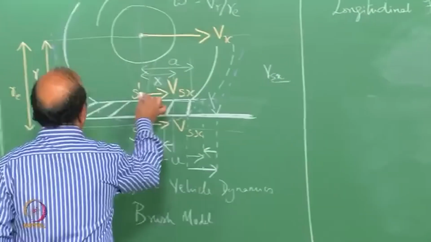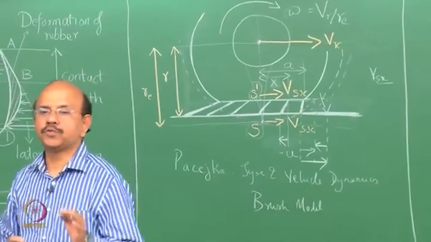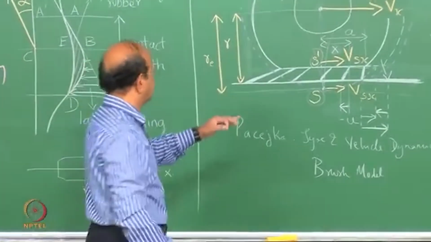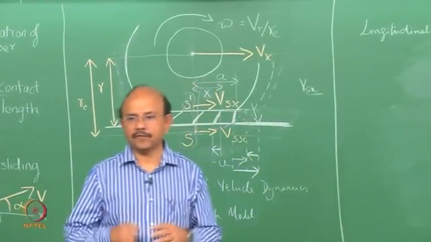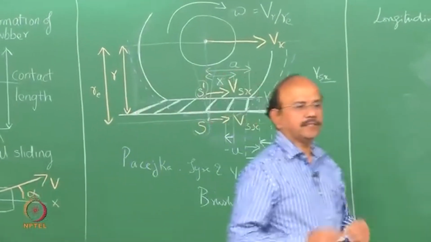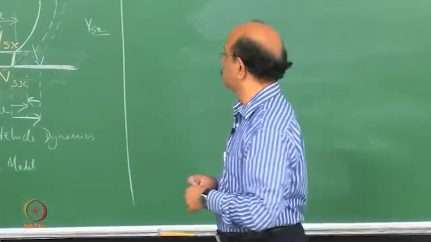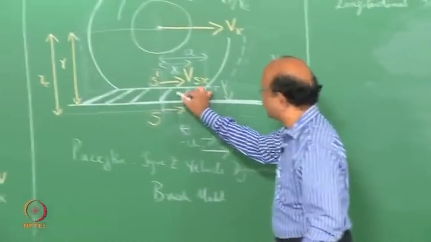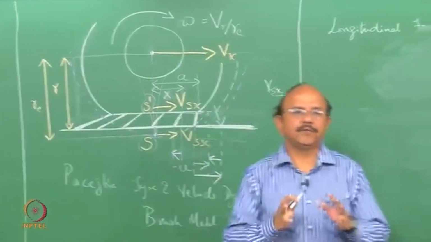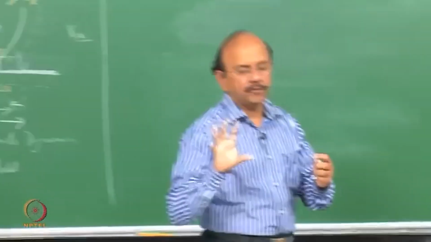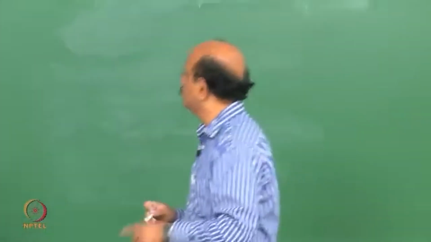Let us say that S prime is a physical point in the tire which moves with the same velocity as that of S. We assume that these bristles which are sticking out, though we have discrete bristles, you can actually assume they are continuous, but continuous bristles do not give that physics, so we do this, and later when we integrate it, we will make it continuous.